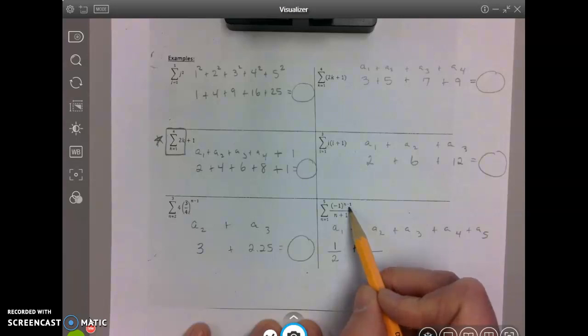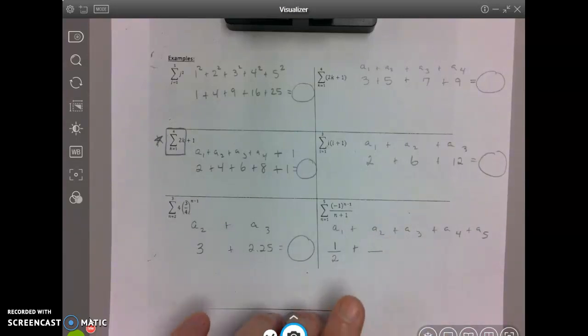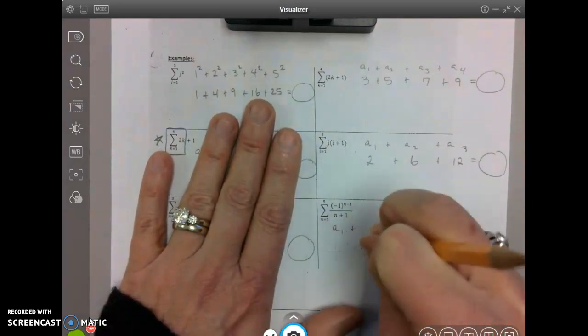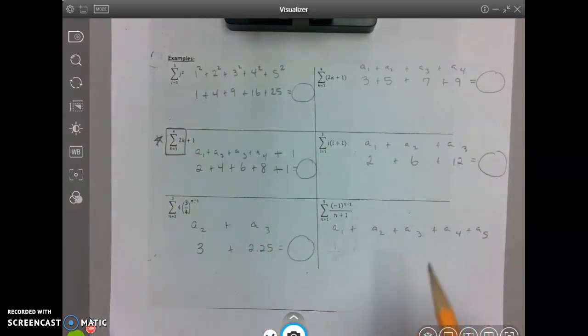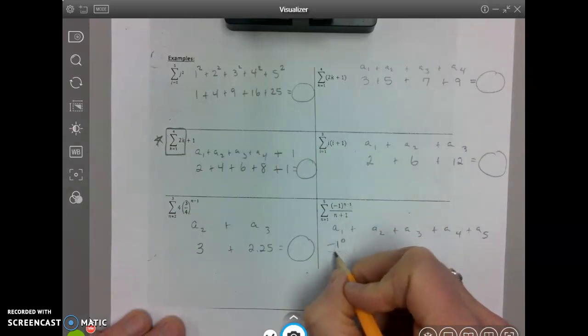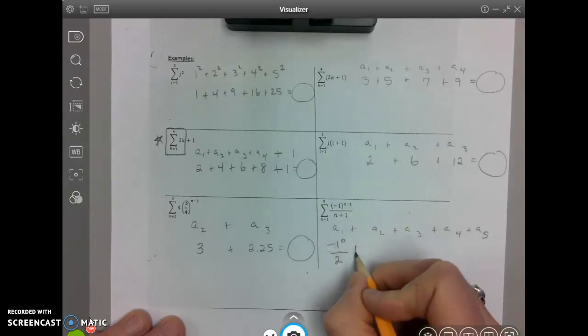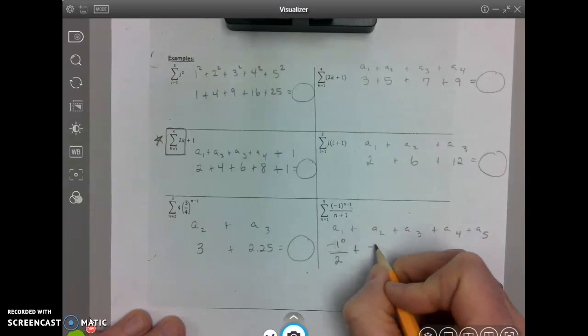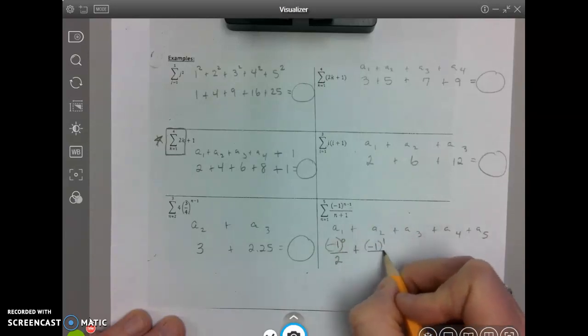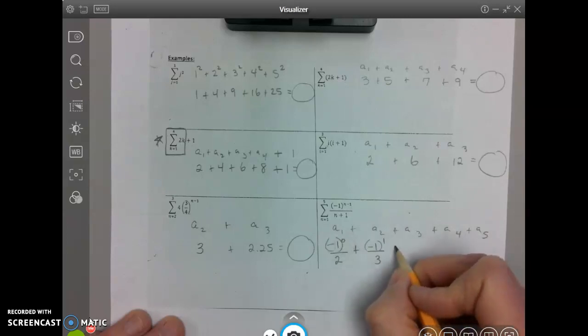And therefore I have, actually I'm wondering if it would be easier for you, rather than me just saying it all, if I actually wrote it out. Negative 1 to the 0 over 2. And then when I put a 2 in there, I have negative 1 to the first over 3.